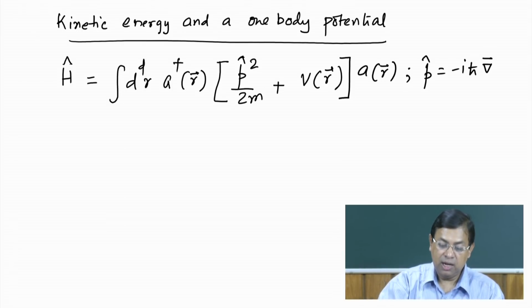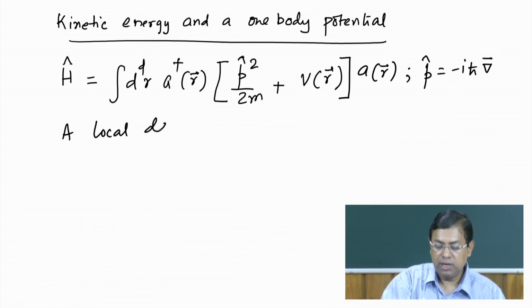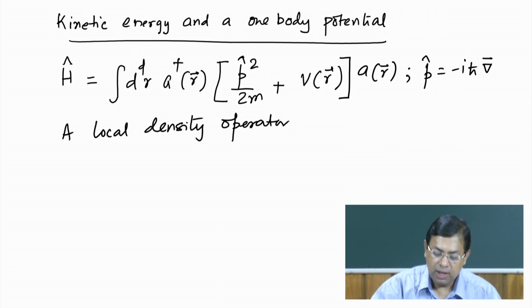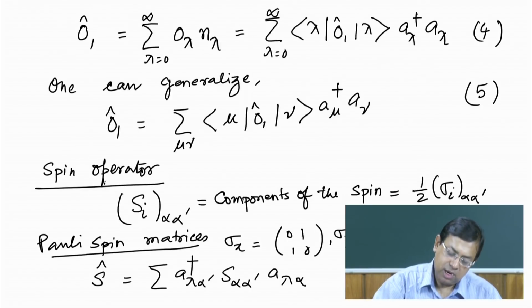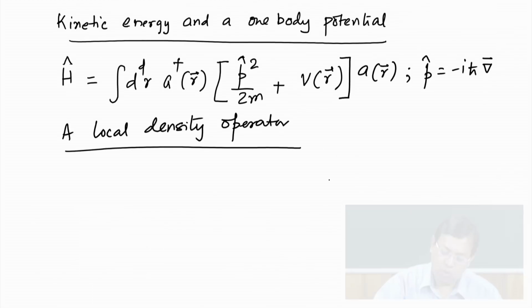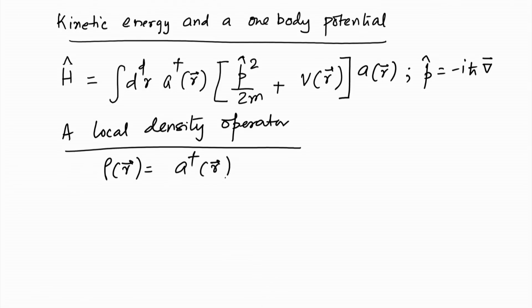And similarly, a local density operator can be written as rho of r equal to A dagger r A r.